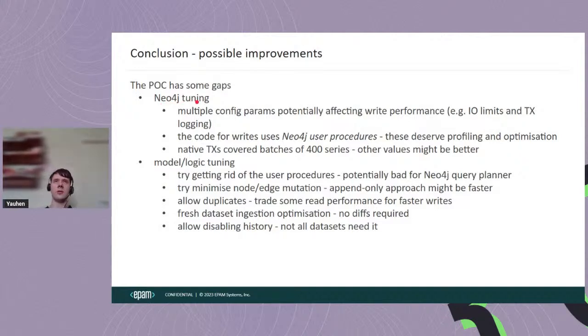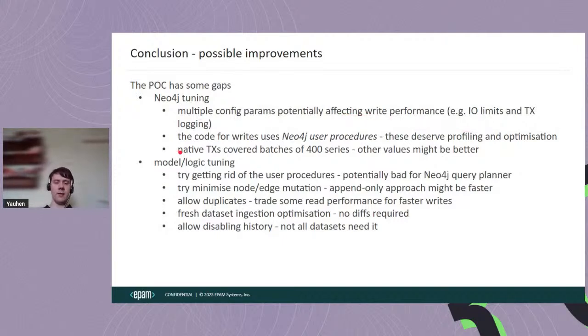I tuned just basic parameters and didn't touch on such details as I/O limits and transaction logging. Also, it's worth taking a look at how my custom stored procedures work, and probably getting some profiling data on them. Probably I have some bottlenecks there.